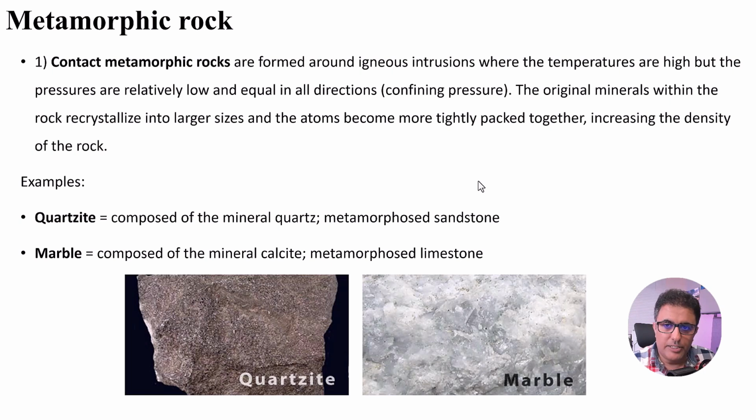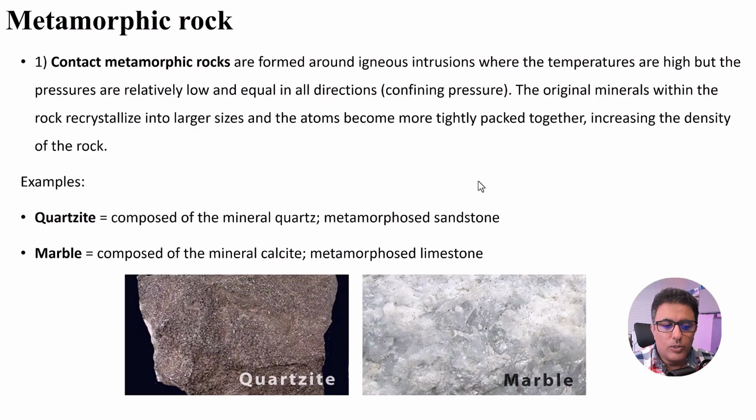Metamorphic rocks can again be divided into two categories: contact metamorphic rocks, which are formed when a rock is exposed to high temperature. For example, assume that we have a magma and all the rocks in the vicinity of the magma go through contact metamorphism.